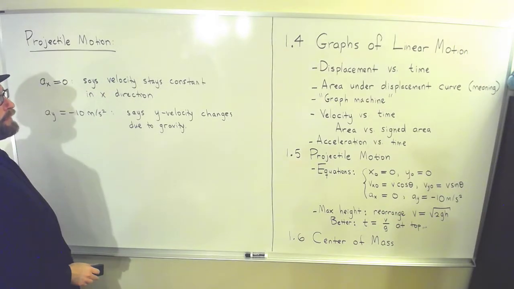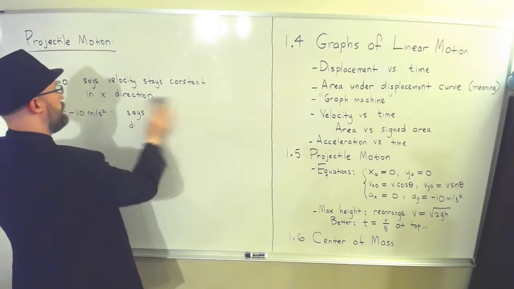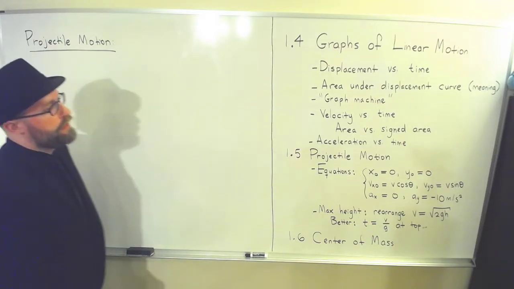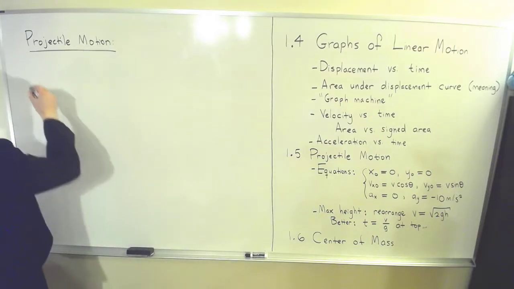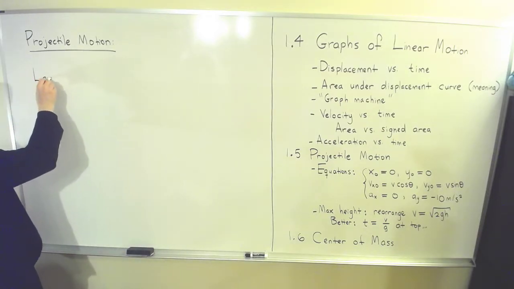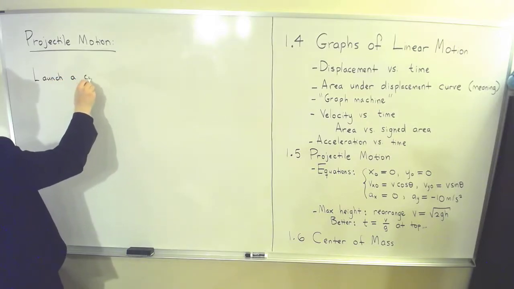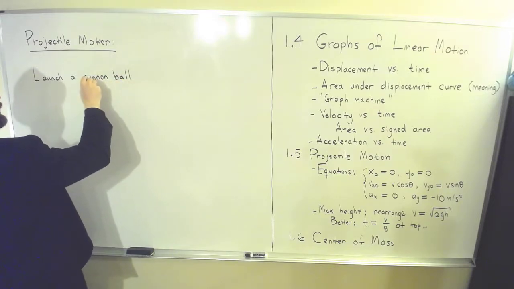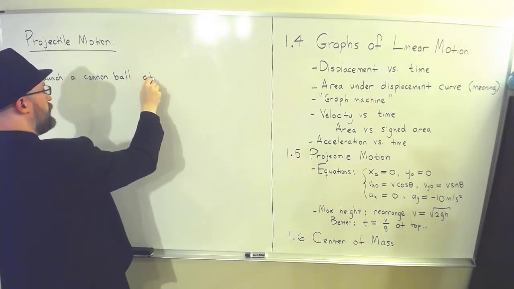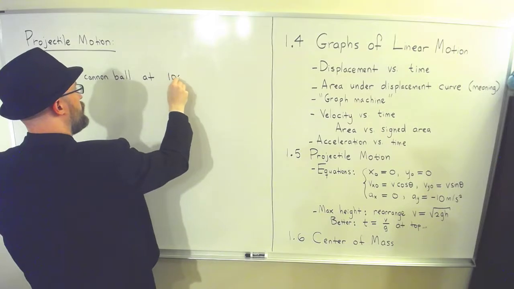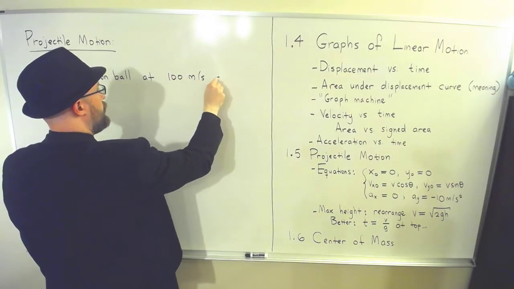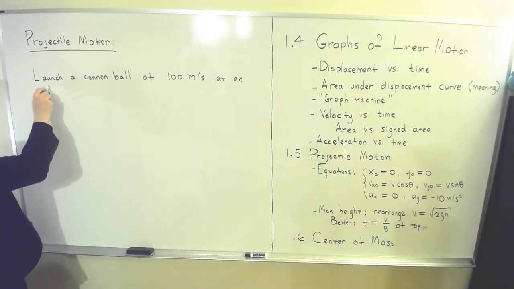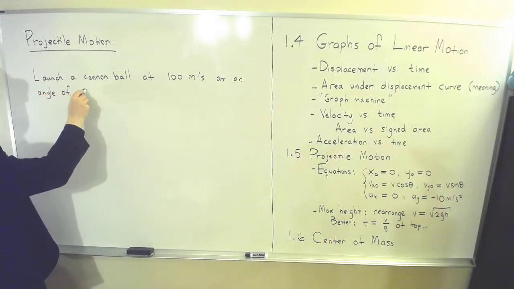Now, let's do a problem, because this has all been very theoretical. So let's say we launch a cannonball at 100 meters per second at an angle of 30 degrees.